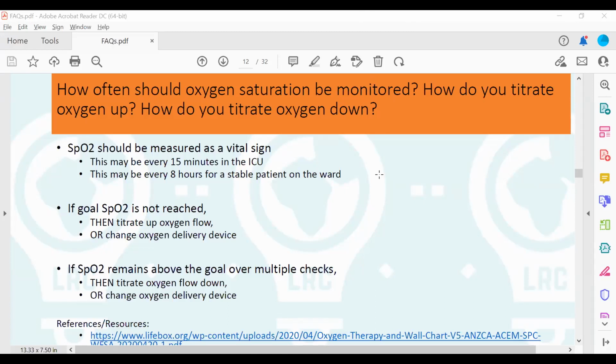If you are happy enough, then you decrease. At the same time you are decreasing even the device. If you had a device which was offering a high FiO2, then you can move on to a device which is giving a low FiO2, until you can wean off from oxygen.